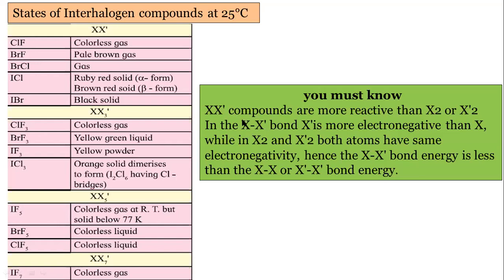Because in the X and X dash bond, X dash is more electronegative. We will take this example of Cl and F. Here Cl is X and X dash is fluorine. So this fluorine is more electronegative than chlorine, and the XX dash bond energy is less than that of the normal X2, the general Cl2 molecule or F2 molecule.